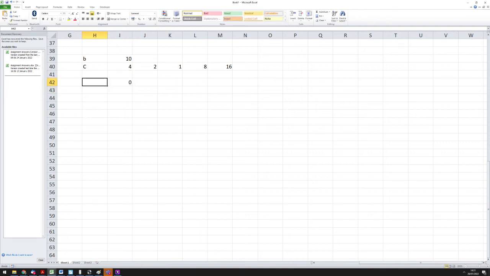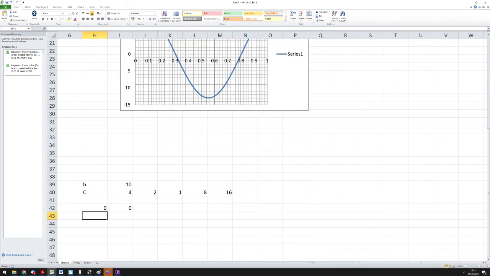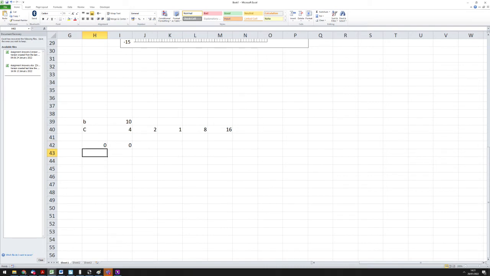So t is 0. How many? It's 0 to 2 seconds, wasn't it? It asks you to do it. My numbers might be massively out for 0 to 2 seconds.